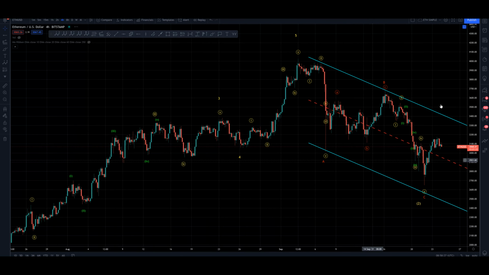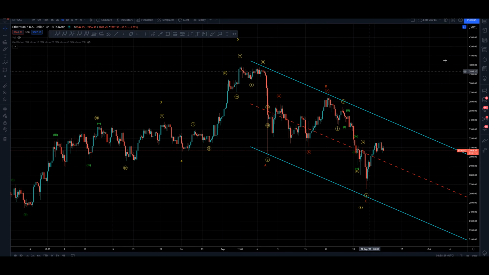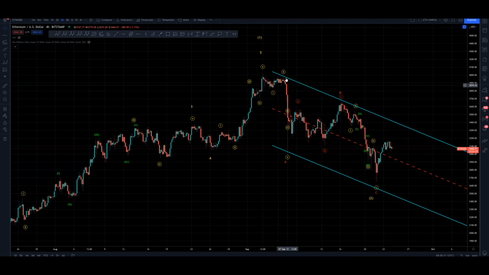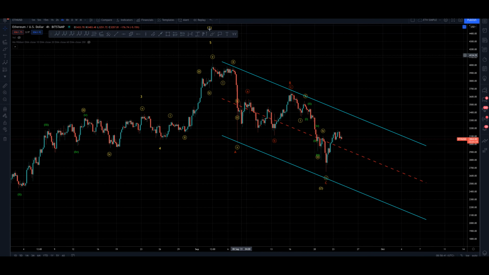Now this is a classic way of tracking a 5-3-5 zigzag correction, is we take the A, we take the start of the correction, we place it on the A low and the B high to project the C here. You can see that we just failed to make the bottom of the channel, and then we bounce in what does look so far to be an impulsive price action.